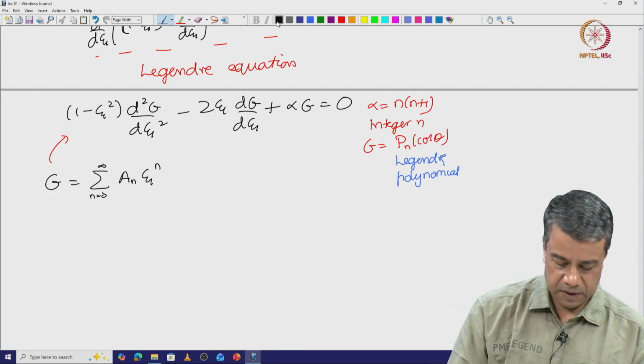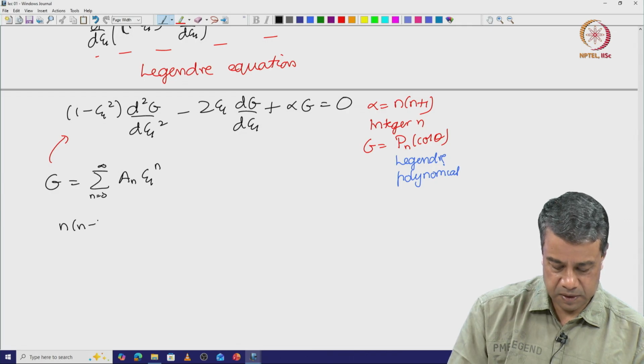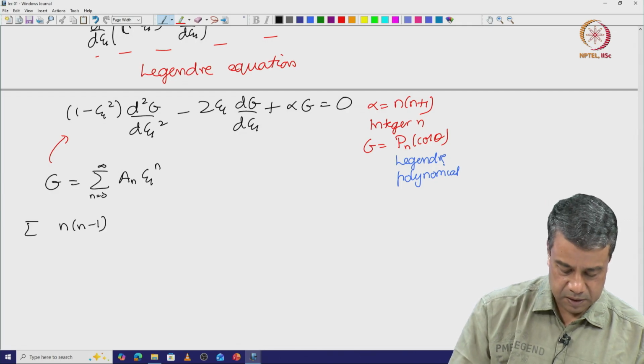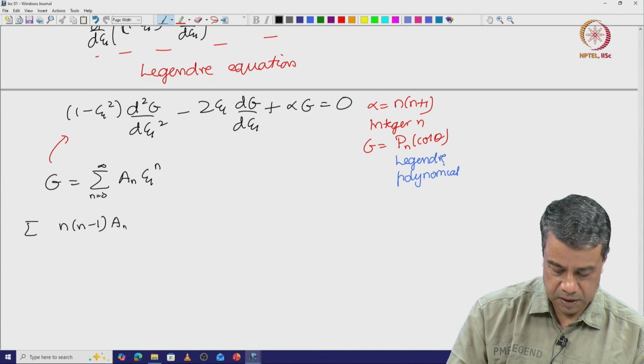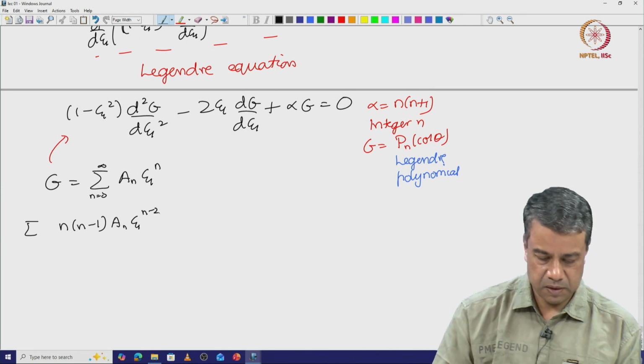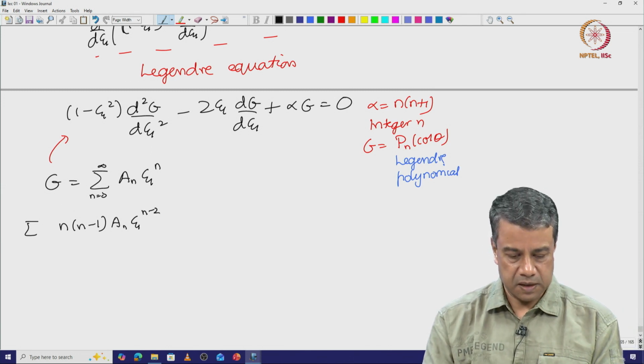The second derivative gives n into n minus 1 a n psi power n minus 2, that is d square G by d psi square.